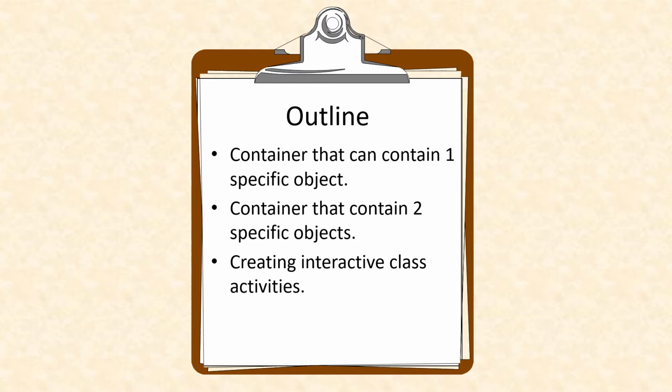If they're incorrect, then that answer will bounce out and return to its original position and not stay in the container. Now, there are different procedures for one specific answer, in other words, one right answer, or two specific objects, in other words, two or more right answers.